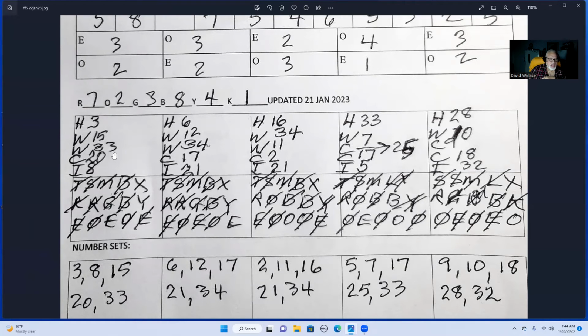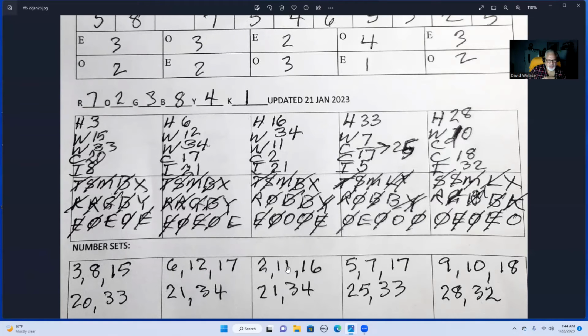So the numbers that I came up with for tomorrow: the first profile is the numbers 3, 8, 15, 20, and 33. The next set is 6, 12, 17, 21, 34.